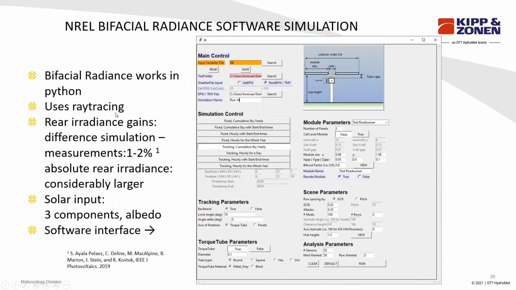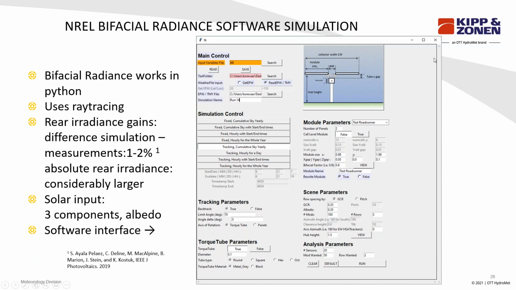The way Bifacial Radiance works is that it works within Python, and it uses a ray tracing method. And there have been validations done that show that the bifacial gains calculated with the software are within 1 or 2% of the actually achieved bifacial gains. As an input for the simulation, you need the 3 solar components and an albedo value.